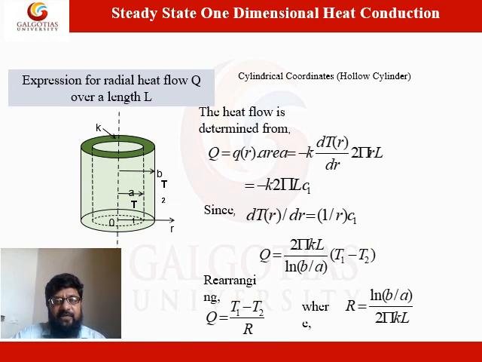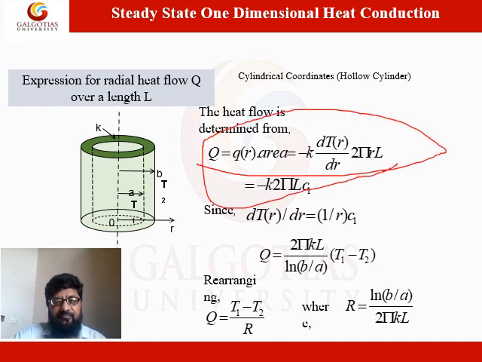If we want to calculate the heat flow, we can calculate it like this. Since r dT by dr is C1, Q becomes 2 pi kL upon ln b by a times T1 minus T2, where b is the outer radius and a is the inner radius.